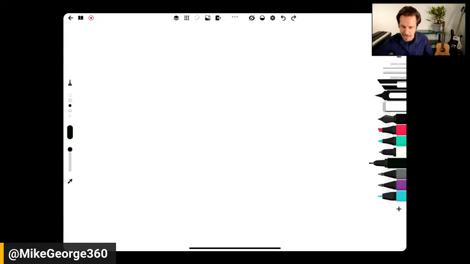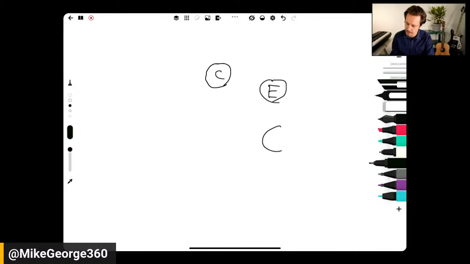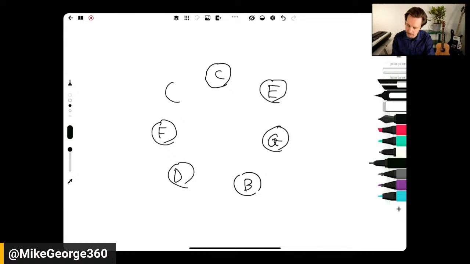So let's look at a typical depiction of the circle of thirds. And it goes something like this. And we're going to explain how this pattern came to be. But we have, let's say, for example, C, and then we have E, and then G, and B, and D, F, and A. That's how you'll sometimes see it.